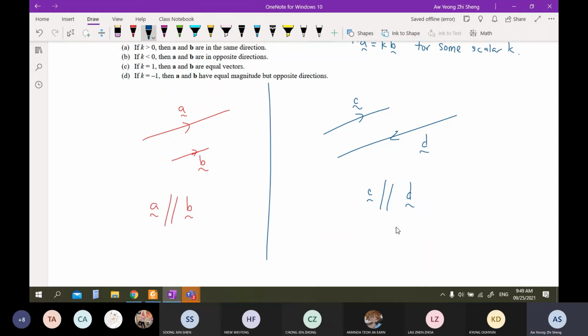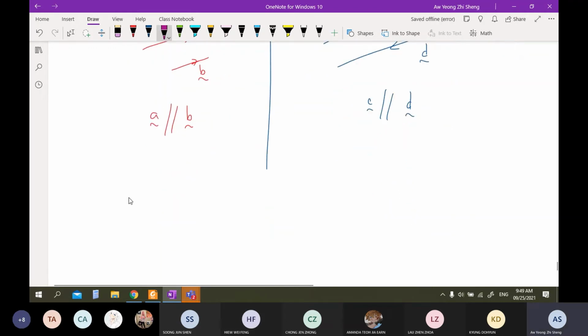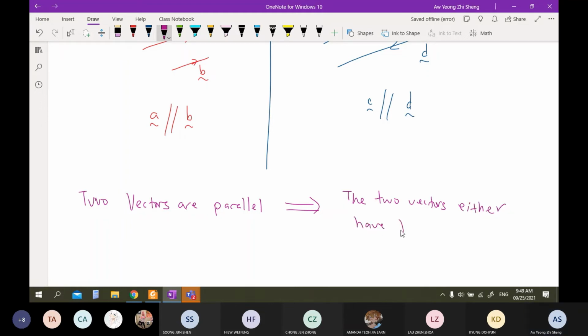And so, in terms of directions, there are two possibilities. If we say two vectors are parallel, then we can deduce that the two vectors either have the same direction or opposite direction.